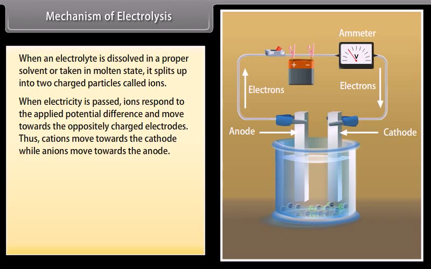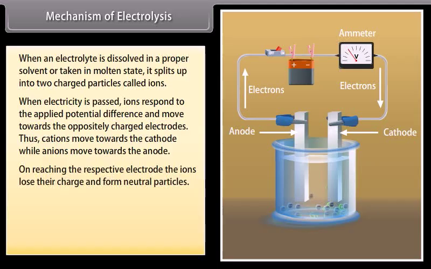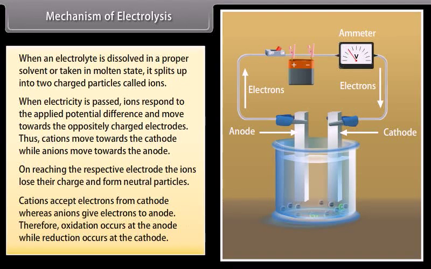Thus, cations move towards the cathode while anions move towards the anode. On reaching the respective electrode, the ions lose their charge and form neutral particles. Cations accept electrons from cathode, whereas anions give electrons to anode. Therefore, oxidation occurs at the anode, while reduction occurs at cathode.